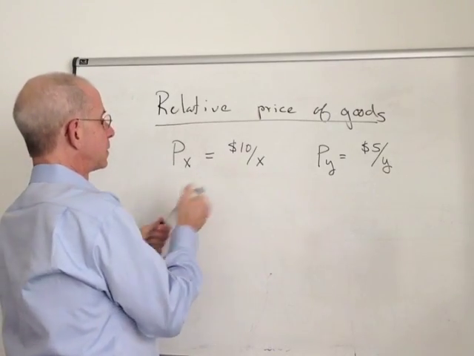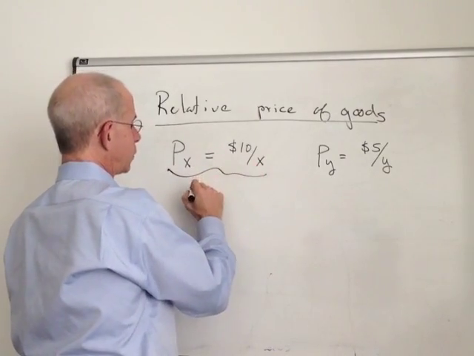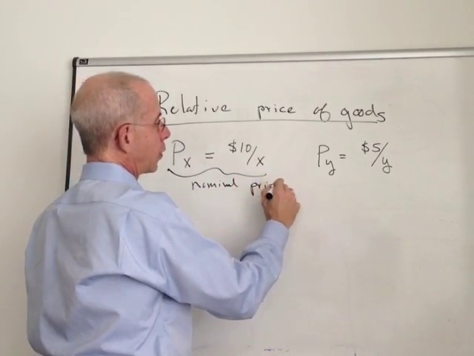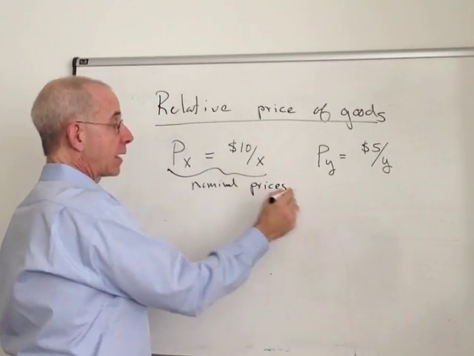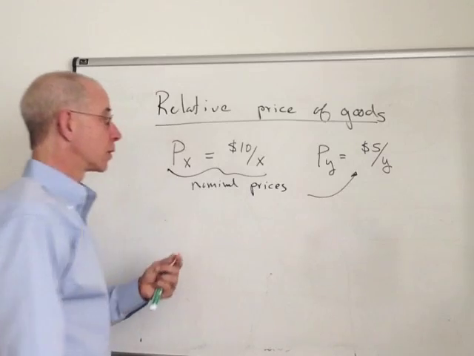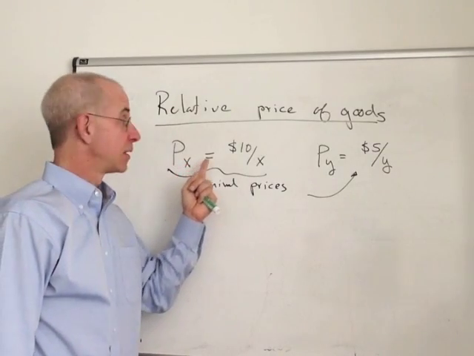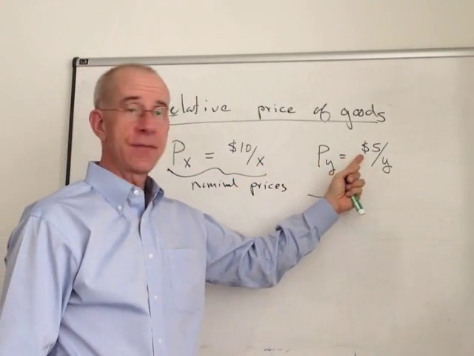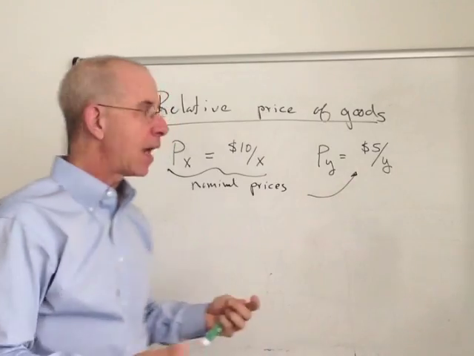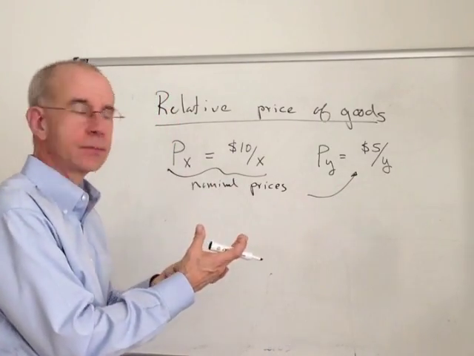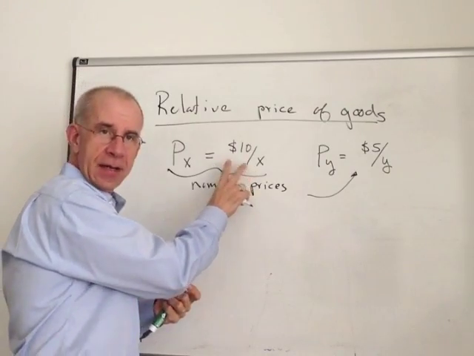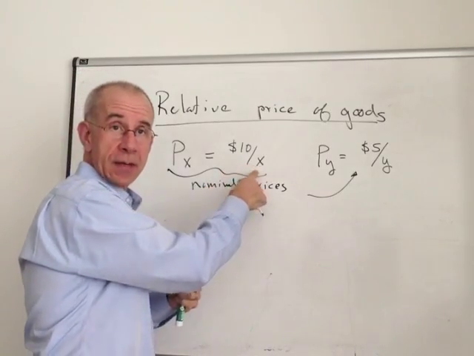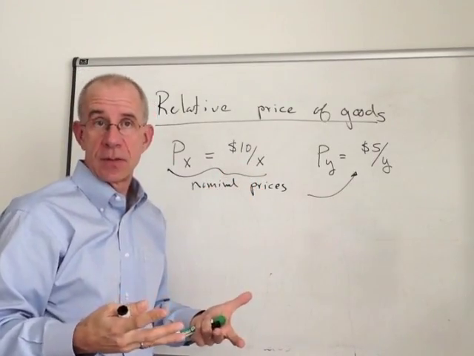So in this particular situation, we've got two nominal prices for good X and for good Y. The price of X, $10 for every X. For Y, it's $5 for every Y. Now, if you look at this example, you can tell that if I decide, as a consumer, to buy 1 unit of X, I have $10 that I have to use for that.